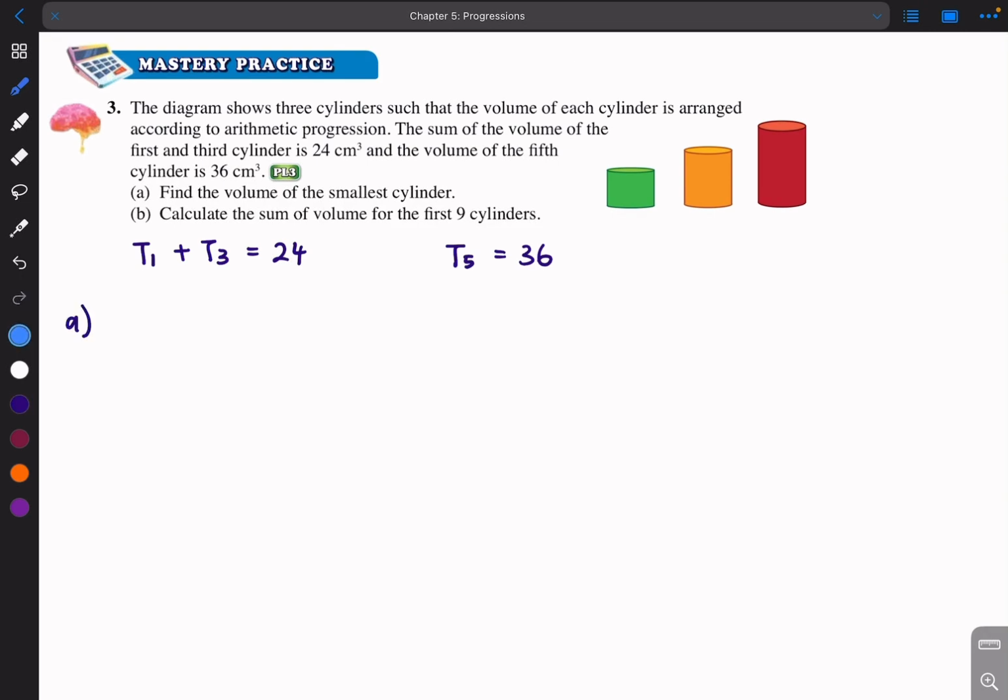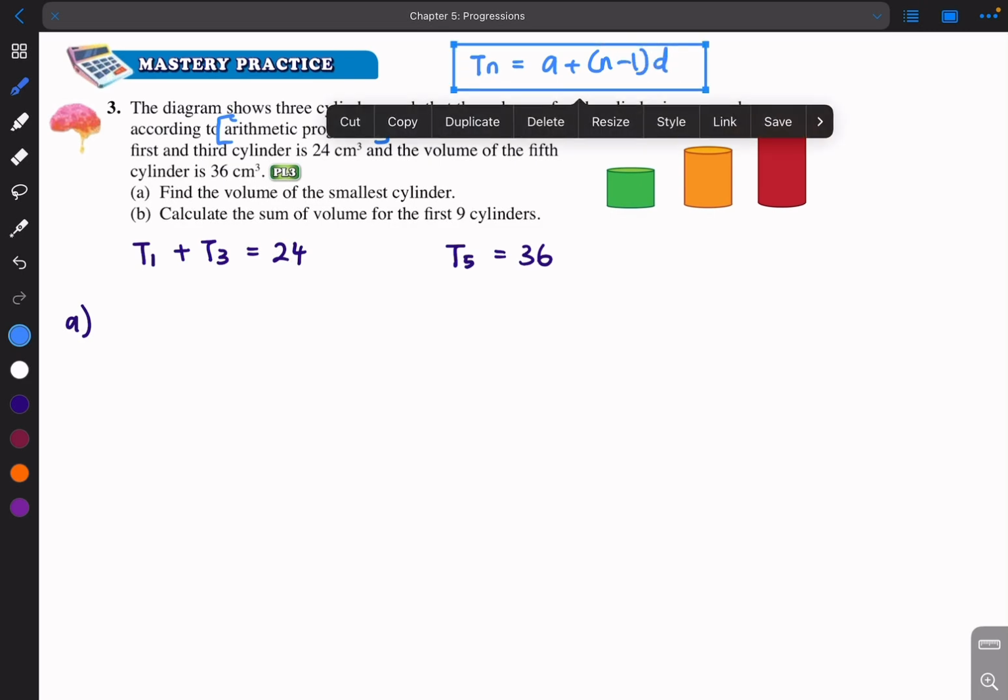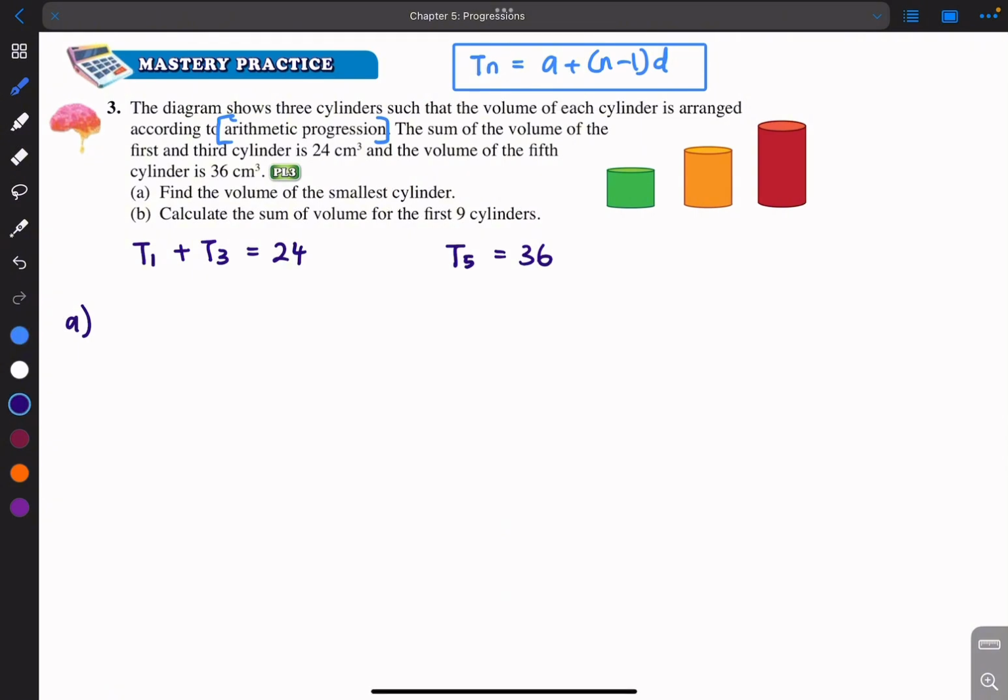First, what we can do is, this is an arithmetic progression, so the formula for Tn would be a plus n minus 1 d. We can use this to form our equations. T1 is just a.